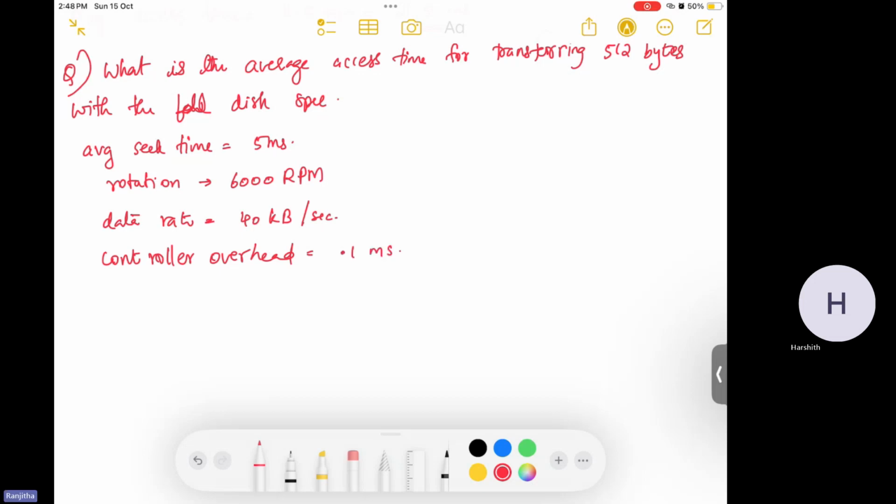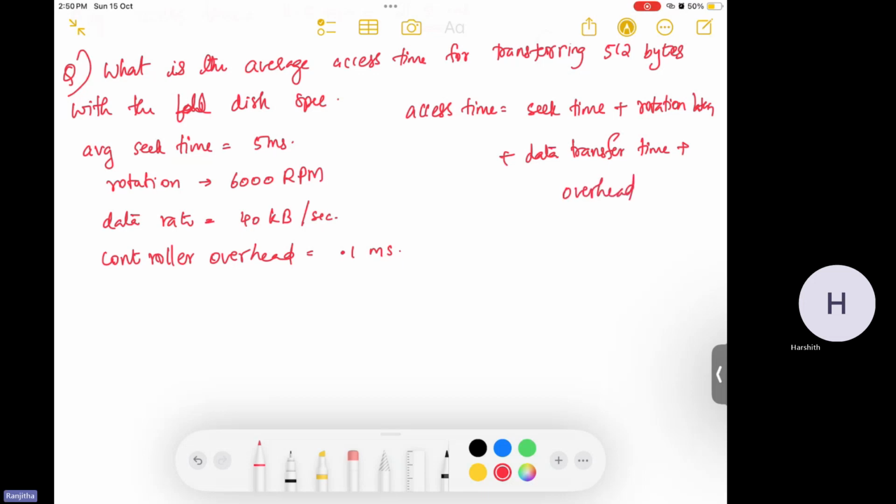As we know, access time equals seek time plus average rotation latency plus data transfer time plus overhead.